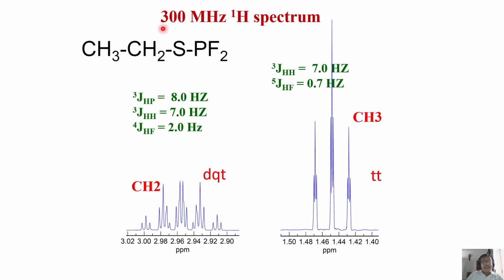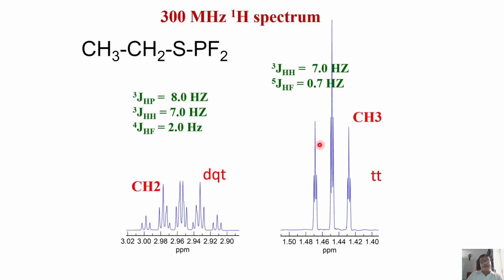Now coming to CH2, it is very interesting. What type of coupling pattern do you expect for CH2? First thing, CH2 can couple to CH3. It's a quartet, very clear. But it can also couple to phosphorus. It is a 1, 2, and 3 bond coupling. It is present. Three bond phosphorus-proton coupling is a reasonably good value, 8 Hz.